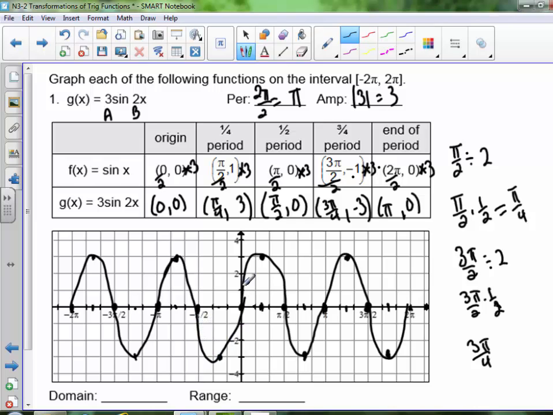Okay. And we'll only be needing to work on our curves. All right, so the domain is all real numbers because our graph just goes on forever and ever. And our range is from negative 3 up to positive 3.